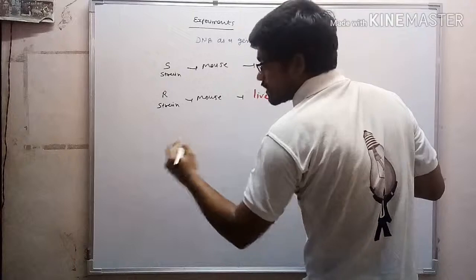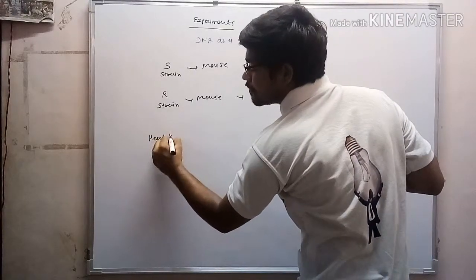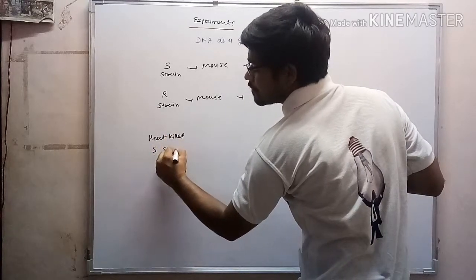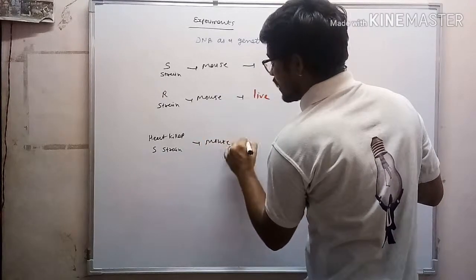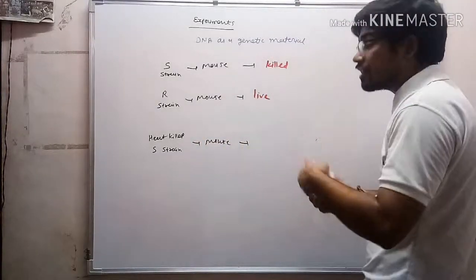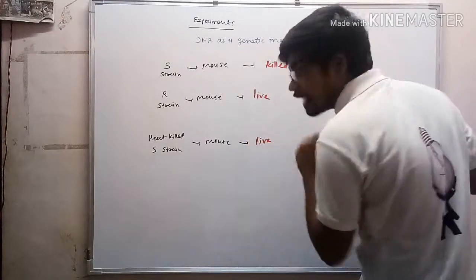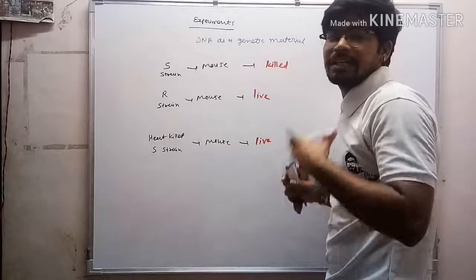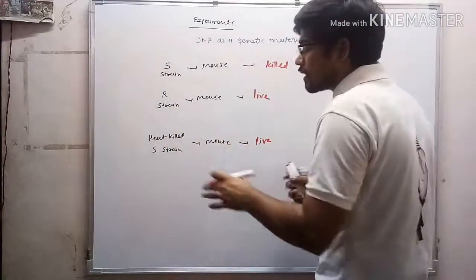He gave heat to the S strain and killed it. The heat-killed S strain was injected into the mouse, and after the incubation time the mouse was still alive. Because it is killed, it does not produce any capsule; the cell membrane of this cell is killed and disrupted.